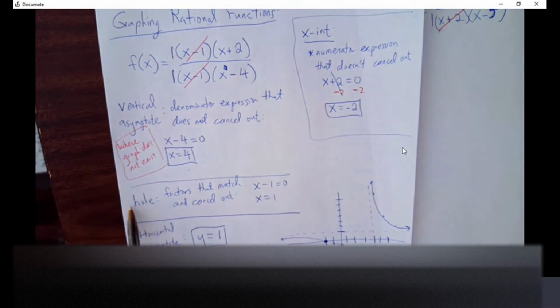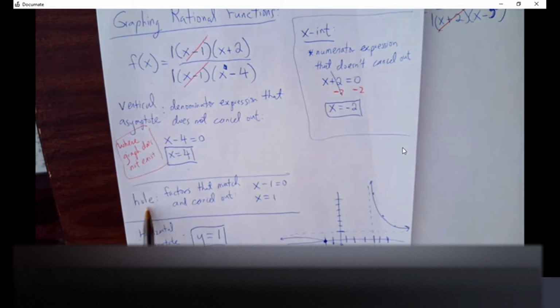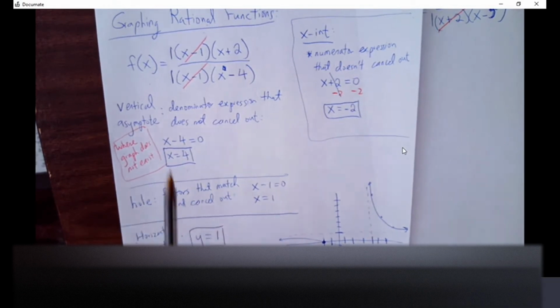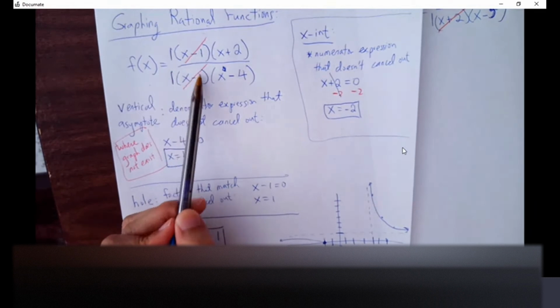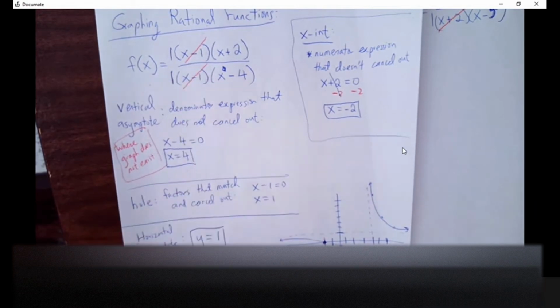Or what do we look at? How do we know what to look at to find the hole? We look at what's in front of the equation, the numerator and the denominator. We look to see what has an X across it. So whatever cancels out is where the hole is located.